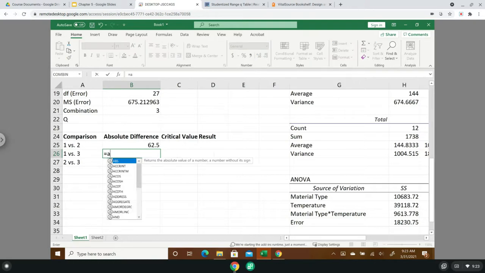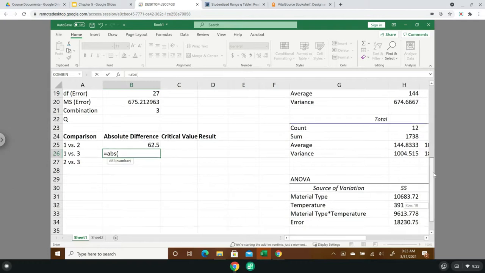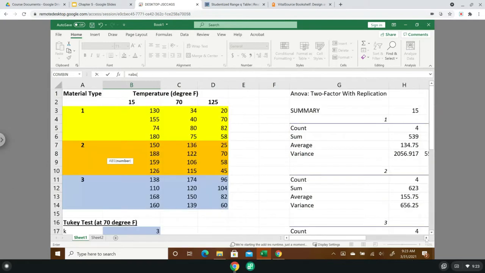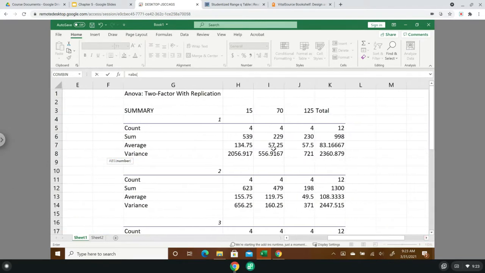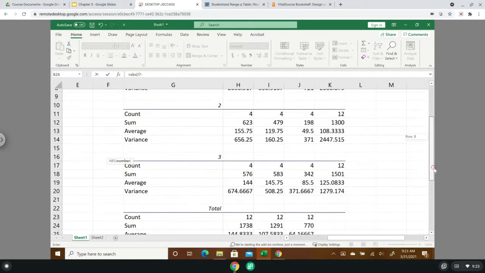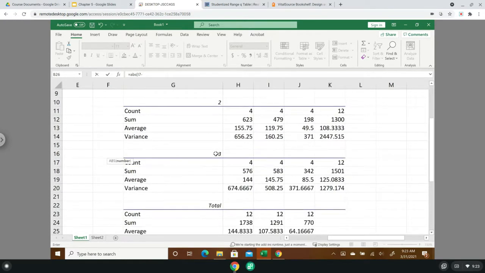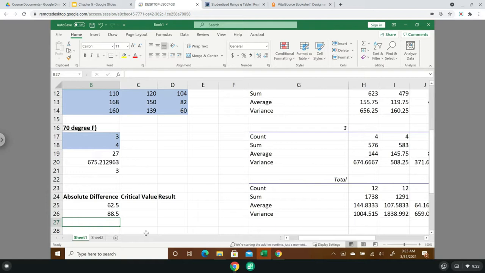Then 1 versus 3, so absolute value, let's see, 1 versus 3, so here is the 1, right? Average value of material plate 1 at 70 degree Fahrenheit minus 3, so here is material type 3 at 70 degree Fahrenheit, this average, so that gives us 88.5.